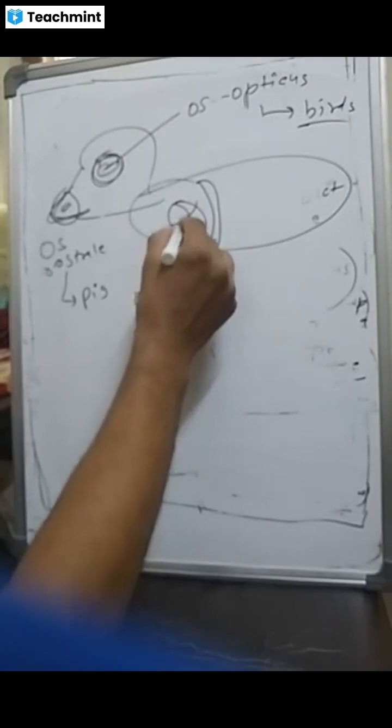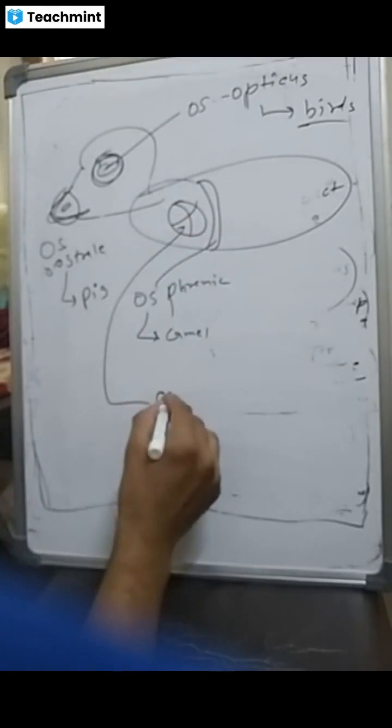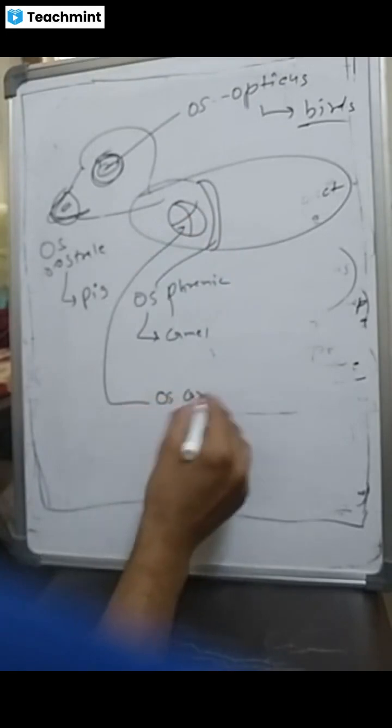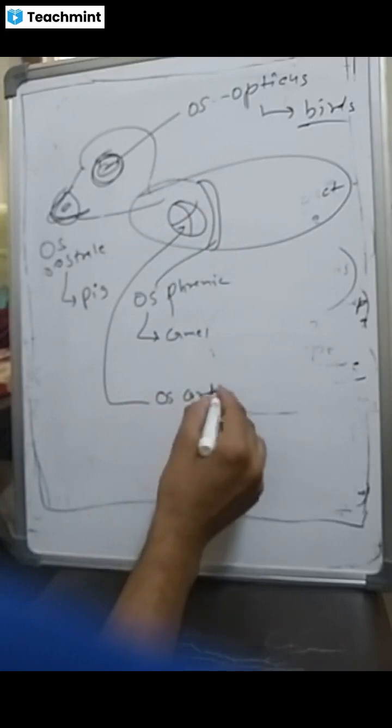Then os cordis, in the bovine heart. These are the bones present in the visceral organs.